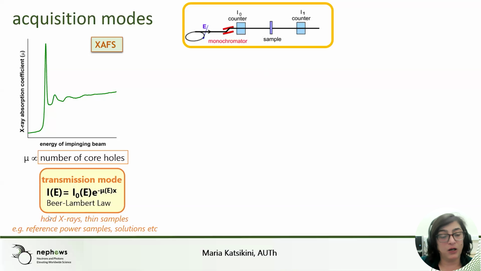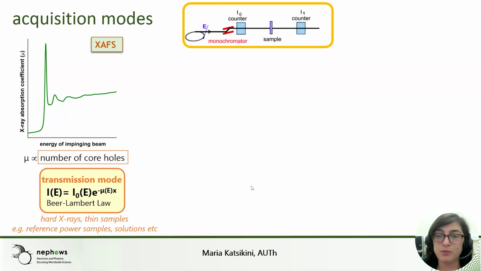Then the Beer-Lambert law can be used in order to determine the energy dependence of the X-ray absorption coefficient. This X-ray absorption coefficient is proportional to the number of the core holes created due to the absorption procedure, due to the photoelectric effect. This acquisition mode is suitable when we have homogeneous samples, thick samples, thin samples, etc.